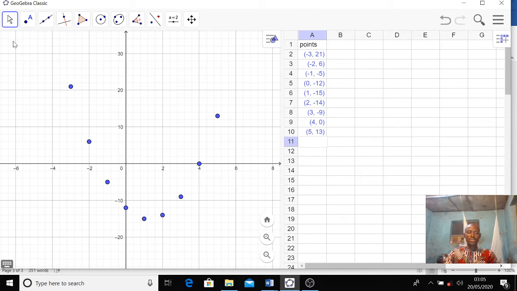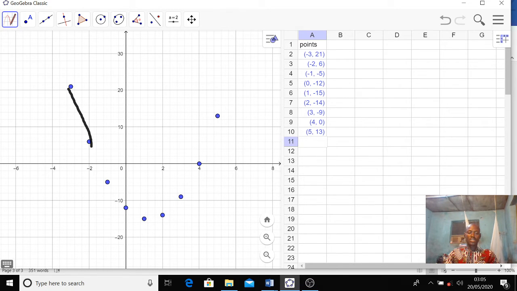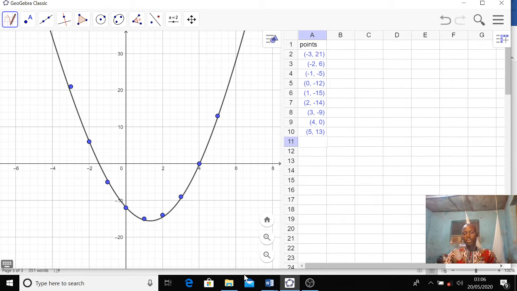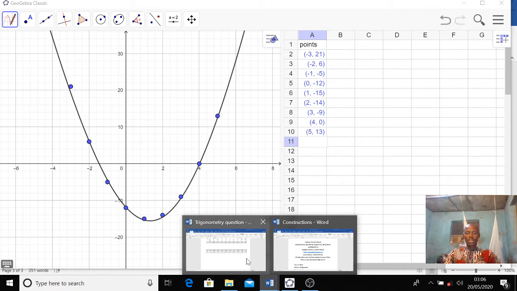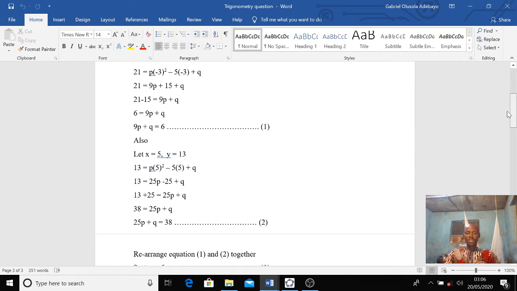So we can now sketch it using our free hands, just sketch it. You can see how it's going to look like. So you can see this is how the graph is going to look like when you plot it. Okay. Now, we have already plotted the graph.